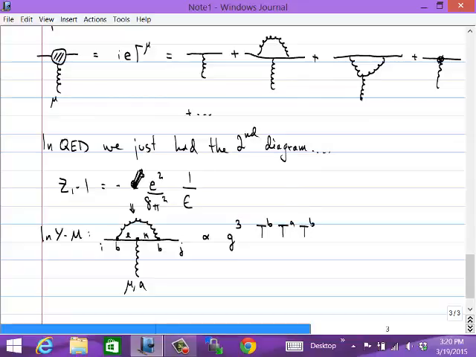And when you contract up those representation theory indices, all you're doing is multiplying those matrices together. Now this is a slightly more complicated group theory object. It's cubic in the generators rather than quadratic.